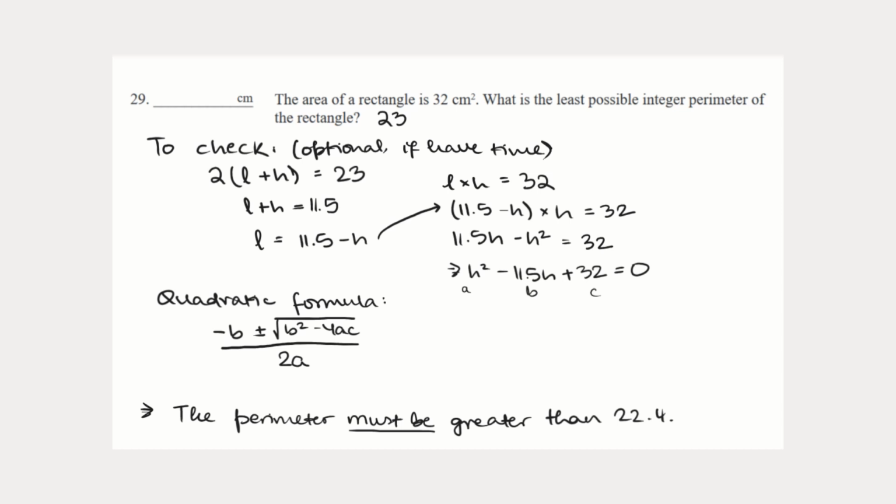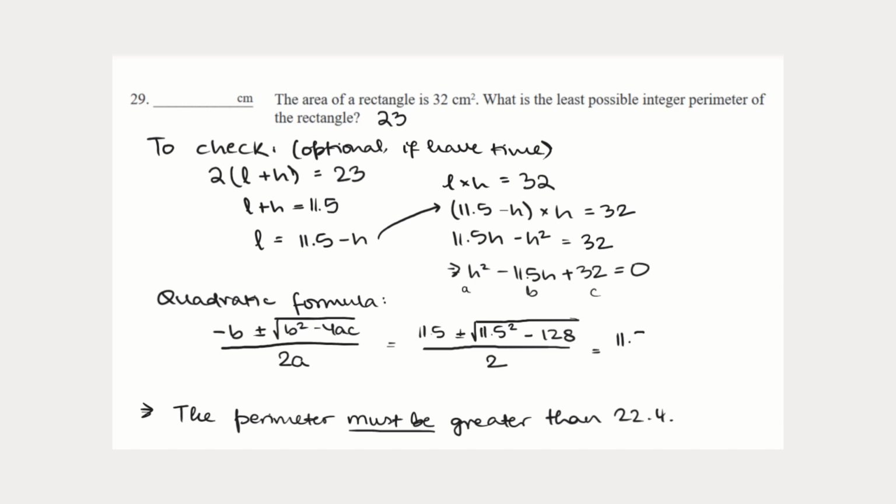So a is just 1, b is negative 11.5, and c is 32. This comes out to be 11.5 plus or minus the square root of 11.5 squared minus 128, over 2 times 1, just 2.